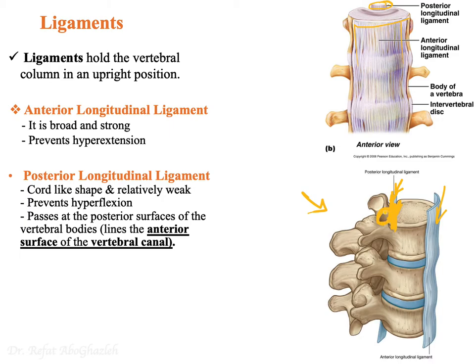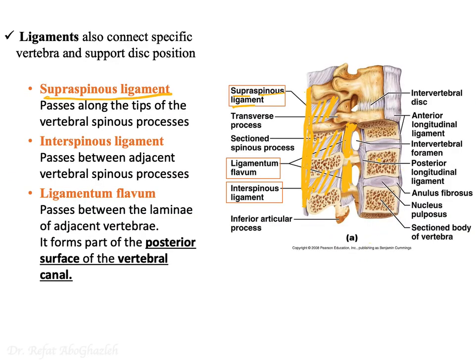The ligament that forms the anterior wall of the vertebral canal is the posterior longitudinal ligament, while between the laminae you have the ligamentum flavum that forms the posterior wall of the vertebral canal, right? Remember, this is the intervertebral foramen, not the vertebral canal. Go back in the lecture, then you will get an idea about the vertebral canal or vertebral foramen.